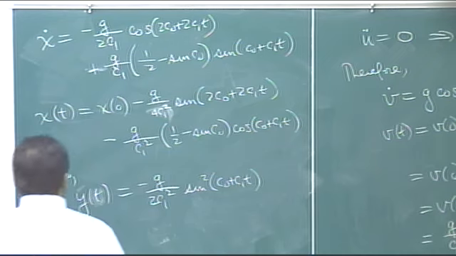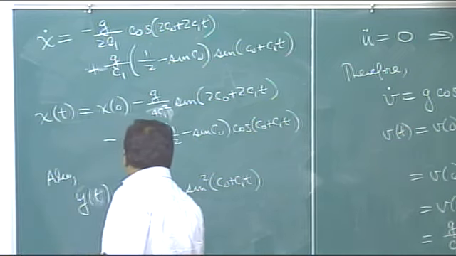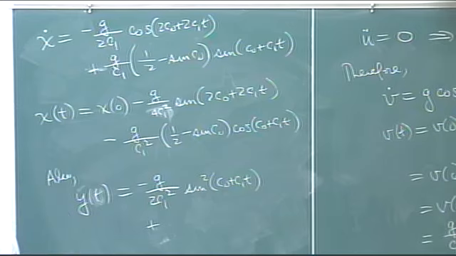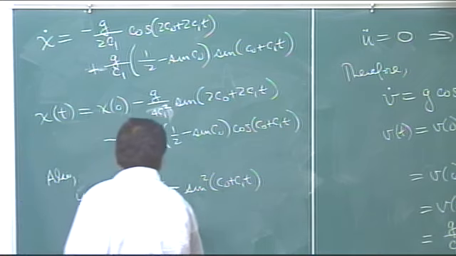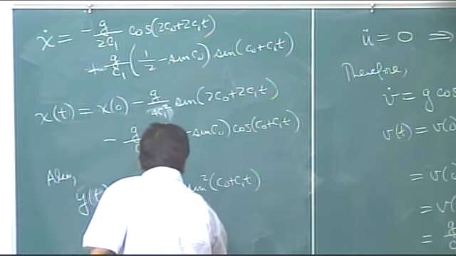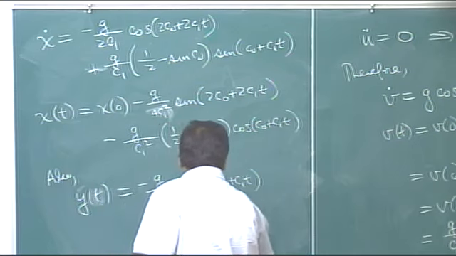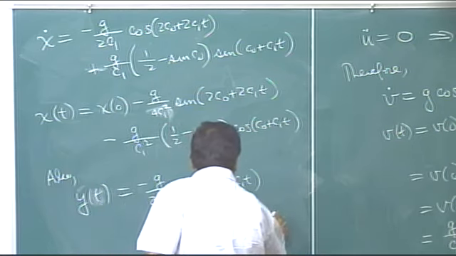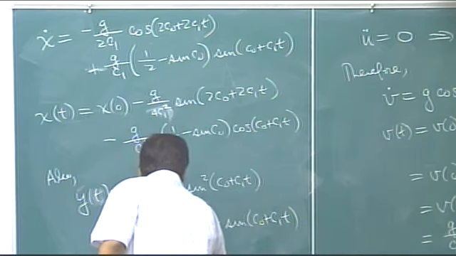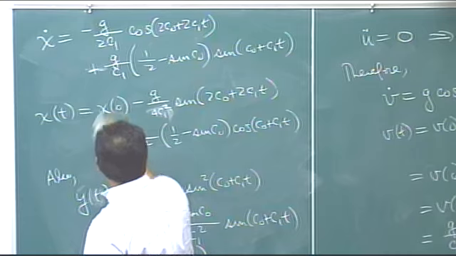And then you've got what else? You've got plus, now you've got the other term in here, g sine c0 over c1 times cosine. The integral of cosine is sine. So I get plus g sine c0 all divided by c1 squared times the sine of c0 plus c1t. And then, of course, there's a plus y at 0 in here, right? And then there's an x at 0.